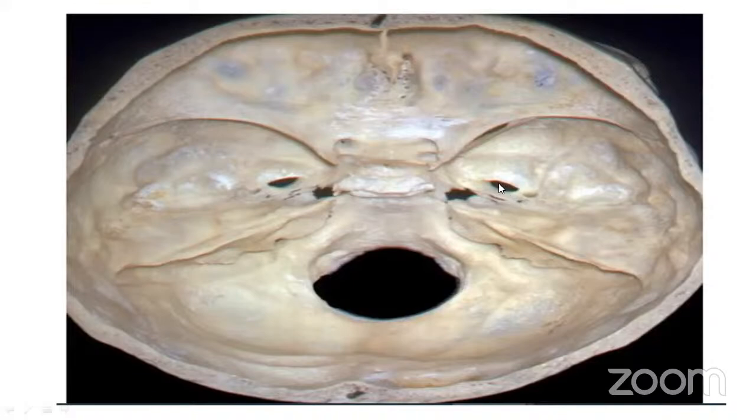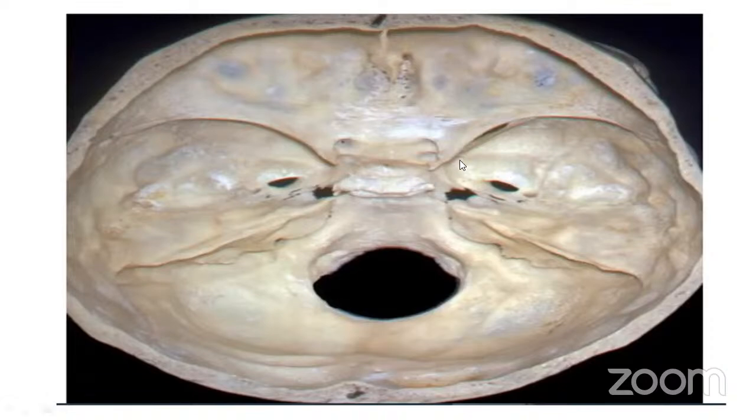This foramen contains the mandibular division of the trigeminal nerve and the lesser petrosal nerve, which enters the infratemporal fossa to join the otic ganglion, which eventually supplies the parotid gland.